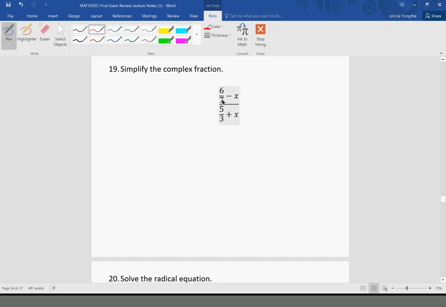In this case, we've got a 7, we've got a 3, so the least common denominator is going to be 7 times 3. So we want to multiply the top and the bottom by that 21. Because by doing that, 21 over 21 is just 1. So when we do this, we're not actually changing the value of it at all.